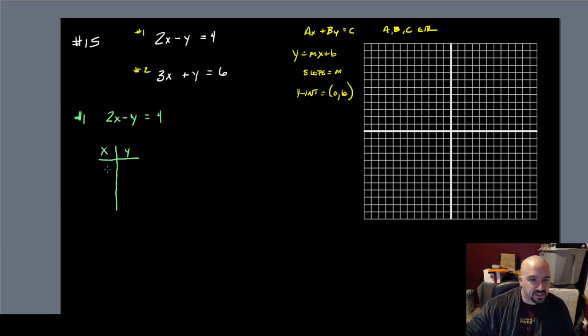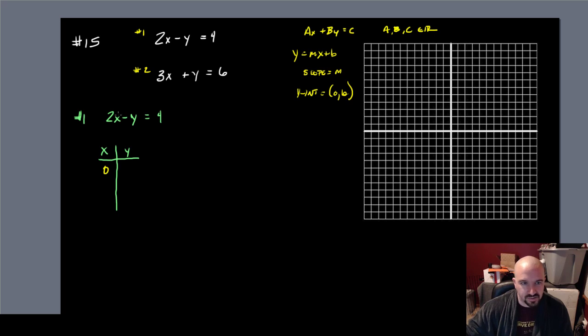Anyway, if I choose x to be 0, then that means that I could effectively cover this up because 2 times 0 is 0, which means it never was really there. Now I have negative y is equal to 4. I can just divide by negative 1, or I can multiply by negative 1. It doesn't really matter. But that's the effect of making x 0, is you can take a thumb and just cover that whole term up.